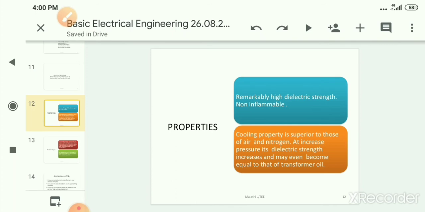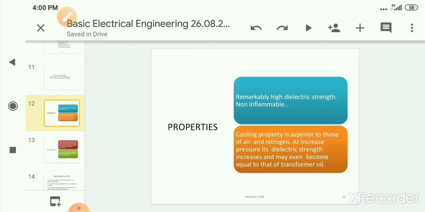But this SF6 is very costly and sold by weight in tanks. Air is free, it costs nothing, but SF6 is costly due to these positive features compared with air, and it is sold by weight in tanks and transported in liquid form.